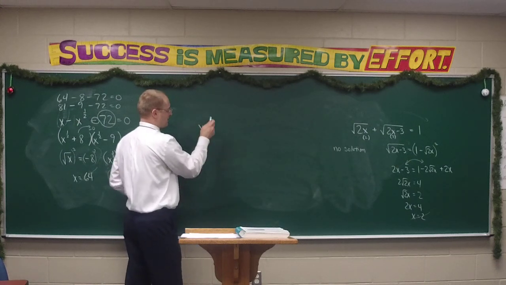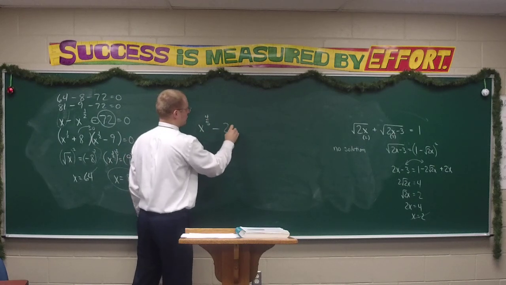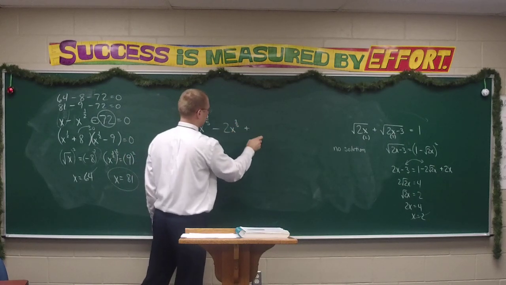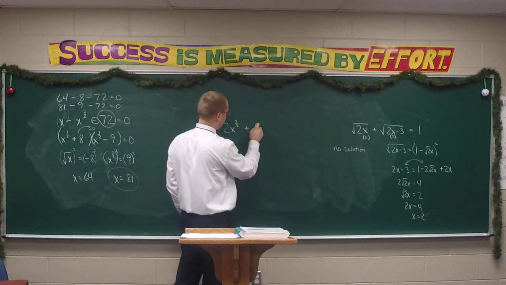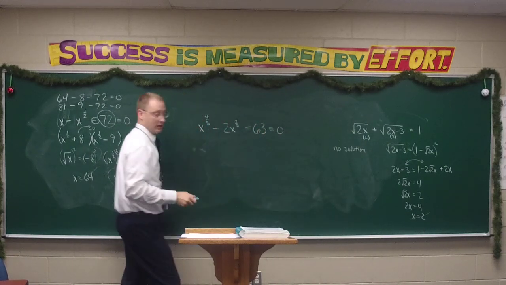But if I had x to the 4/5 minus 2x to the 2/5 plus, I don't know, 6 or minus 63 equals 0, for instance.